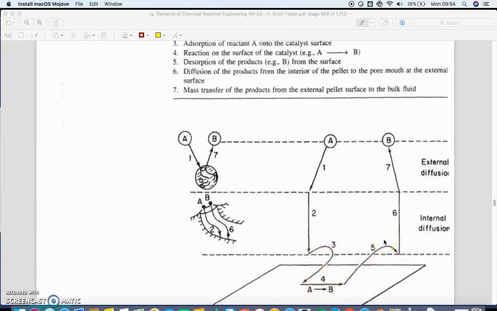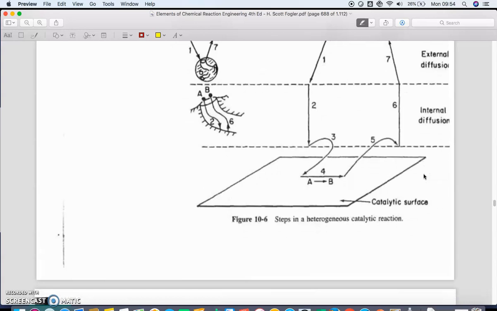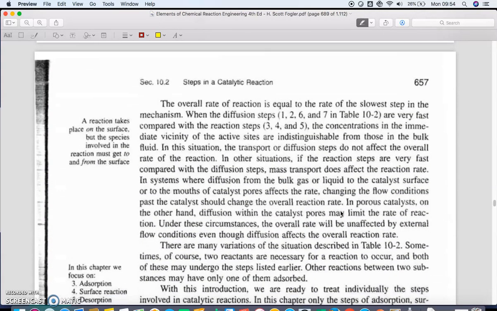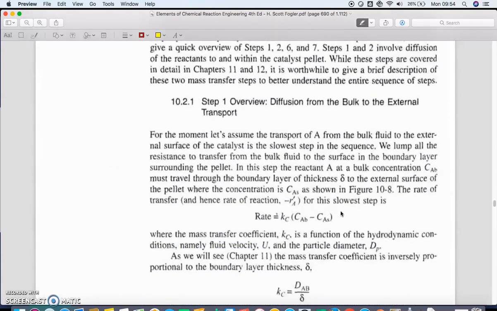But in the 2 chapters after this, we will consider the external and internal diffusion. So in the mechanism there are 7 important steps, and 3, 4, 5 is the one that we want to learn in this chapter, right?